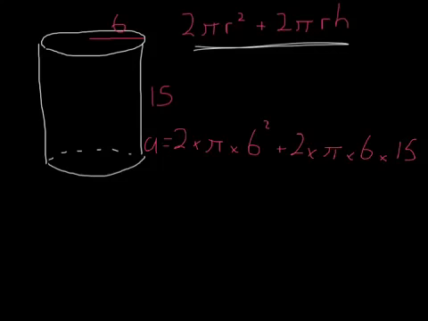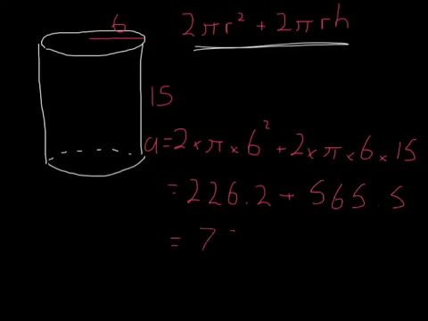Surface area equals, and that's going to equal 226.2 plus 565.5. Together that equals 791.7. Again, I've been missing my units. Squared.